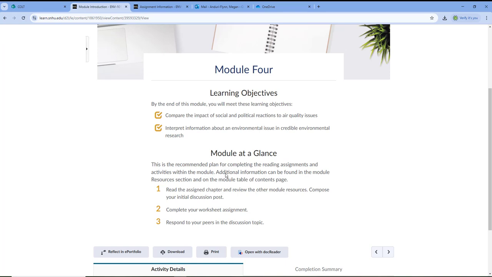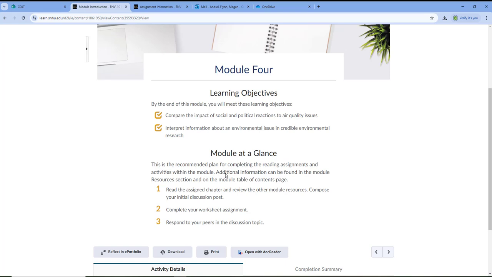So we're going to do some discussion board posts. We're also going to do a worksheet assignment where we're going to interpret information about the environmental issue we're talking about with our project using a credible environmental research paper, what we call a peer-reviewed source or a primary source.